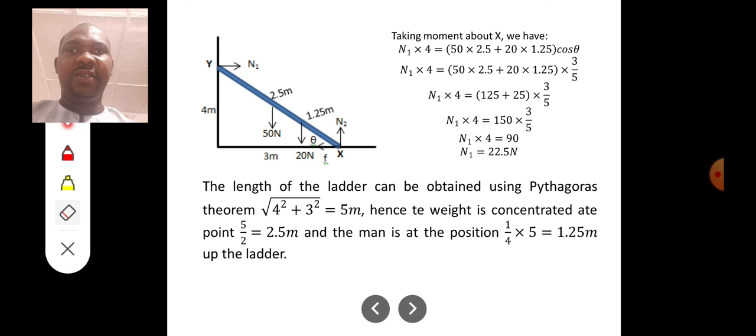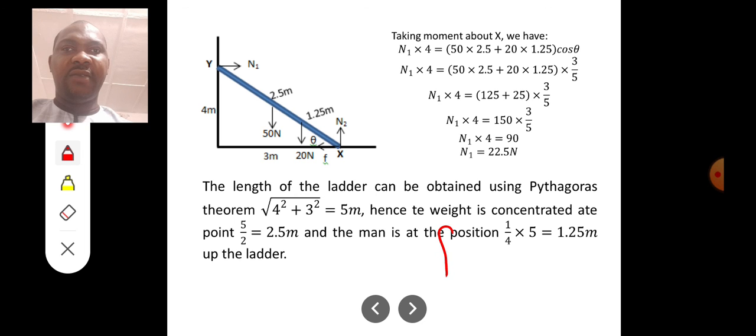The 50 newtons force and the 20 newtons force, if we direct them to the horizontal, they are all on the vertical, so they don't have any component on the horizontal. So we can simply say here that the frictional force and N1 both of them are moving in opposite direction.